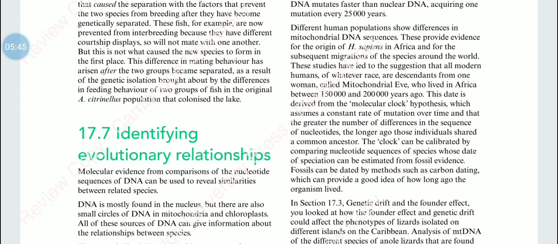So by calibrating these nucleotide sequences to time periods, using the fossil evidence, we can figure out that this common ancestor, mitochondrial Eve, lived 150 to 200,000 years ago.